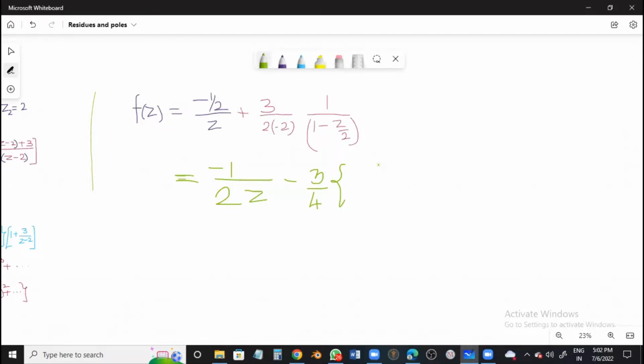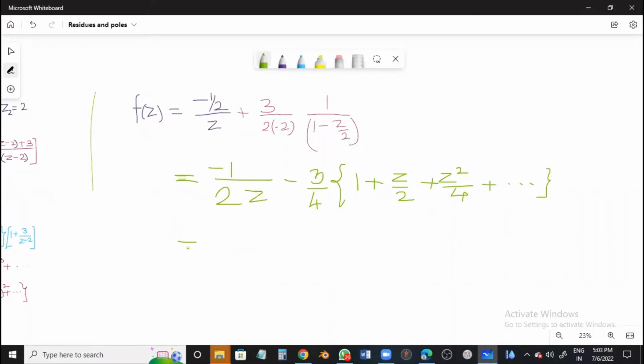So now let us expand it. What do you get over here? 1 plus z by 2 plus z square by 4 plus and so on.